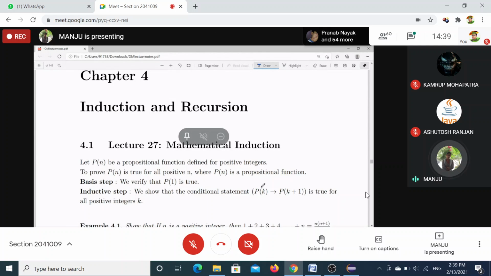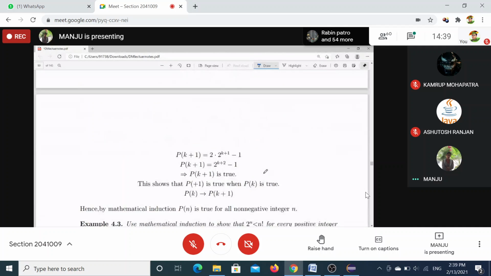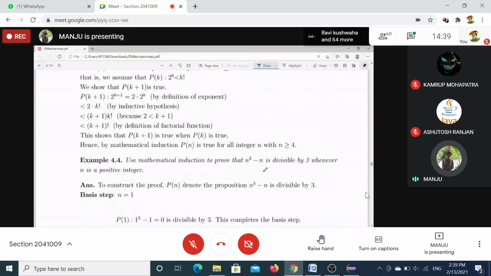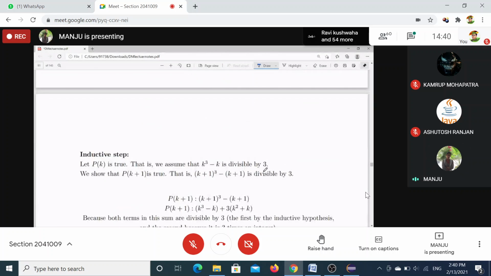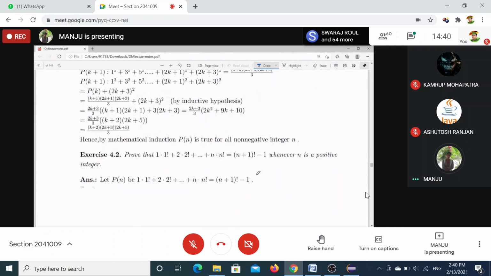Any doubt from induction and recursion, mathematical induction, PMI? We are just trying to show, verify it, for the first element of the set. The inductive step is to assume Pk is true, then show Pk plus 1.